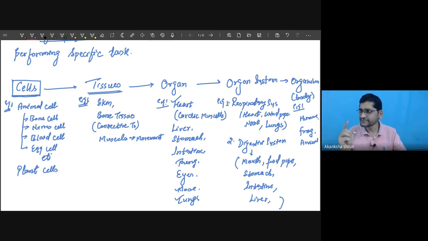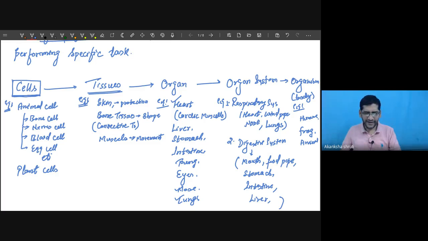So muscles give movement. Bone gives what? A structure or shape. Skin gives what? The protection from external material entering the body.